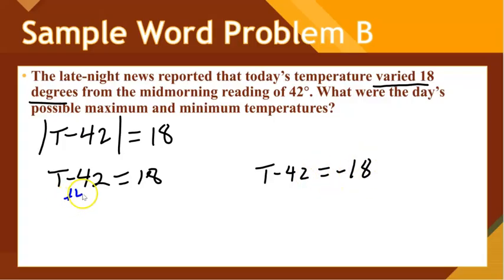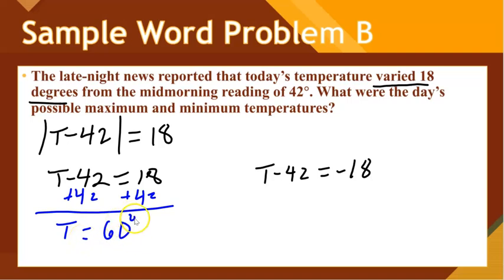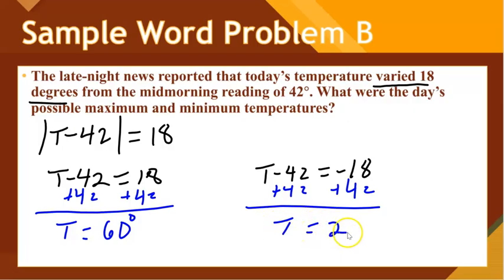Now I just add 42 to both sides, and the maximum temperature would be 60 degrees, and over here I add 42 to both sides, and the minimum temperature would be 42 minus 18. That would give us 26 degrees.